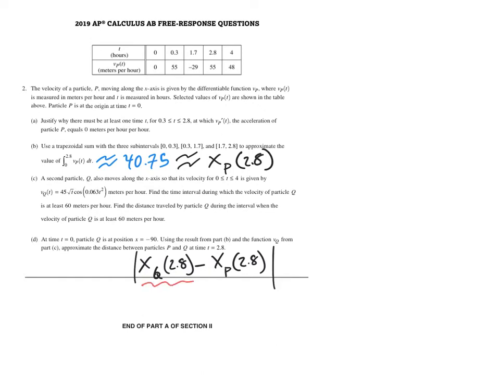What's the position of particle Q at 2.8? Well, that shouldn't be that hard to determine either because if we were to write an integral out, let's go from 0 to 2.8, we're using 0 because they gave us this information about x at 0, and we integrate the velocity, because they give us the velocity function.